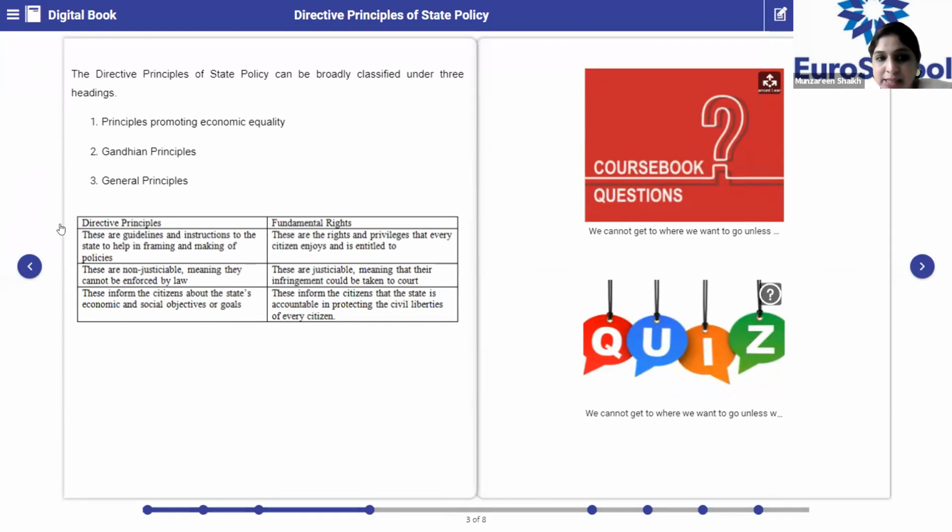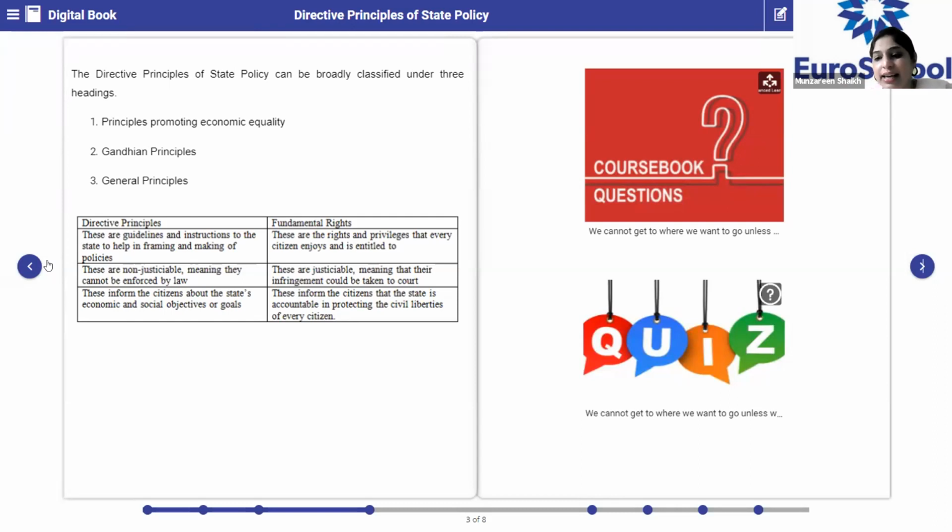First, directive principles are guidelines and instructions to the state to help in framing and making of policies. So what are basically directive principles? They help the state to frame and form the policies. But on the other hand, what do fundamental rights do?